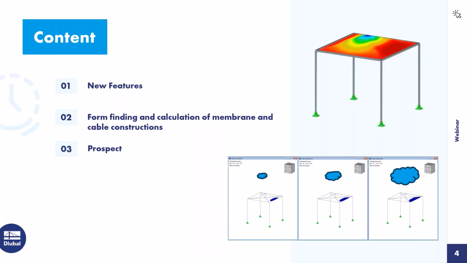It's not mainly for the design in this webinar, it's just about how to get used to our add-on, because I think that maybe there is not such a big knowledge as already exists for RFEM 5, but you will find most of the functions and even more functions also in RFEM 6 in our add-on Form-Finding. Last but not least, I will finish my presentation with a prospect of what is planned, and then I will hand back to Andreas.